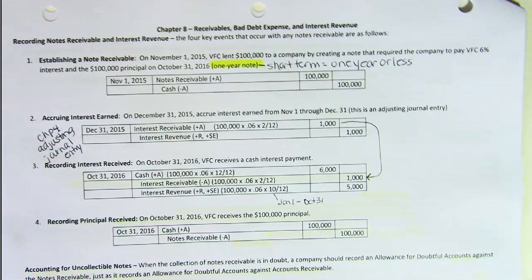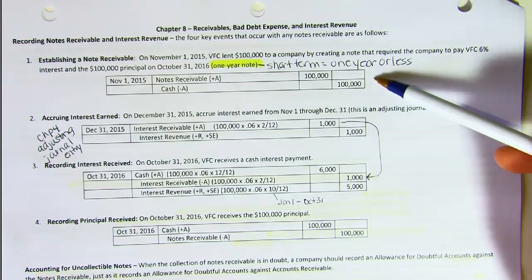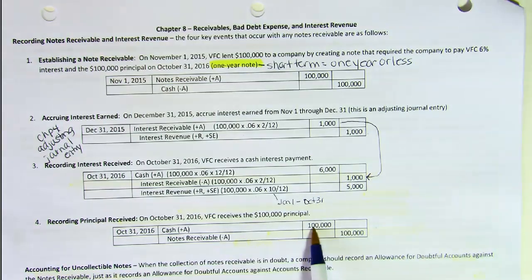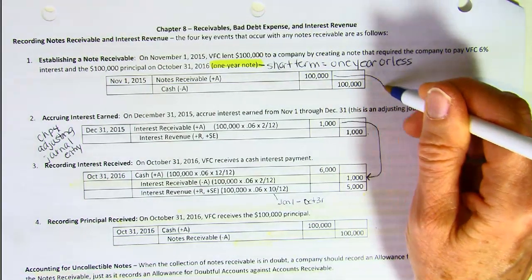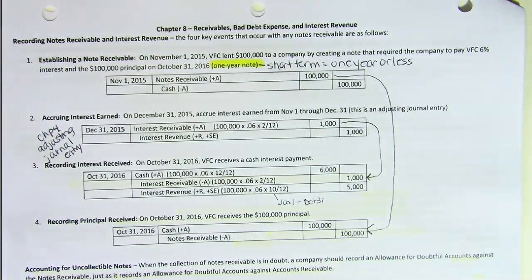The next part is receiving the principal, and this is basically reversing the entry that we used to create the note. You're going to be receiving the principal in cash, and you're going to be crediting notes receivable. Now you might be wondering, why would someone write you two separate checks, one for interest and one for principal? In truth, they don't.